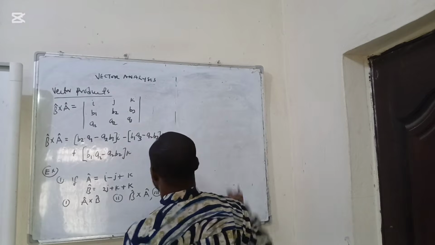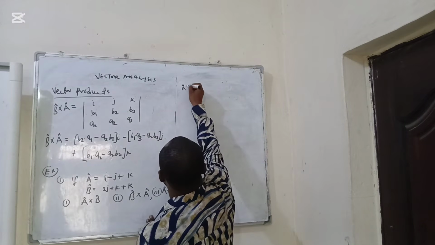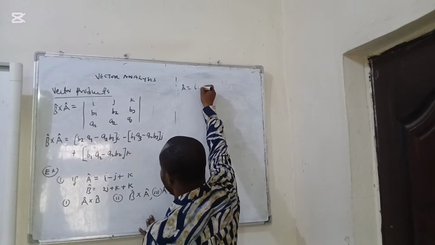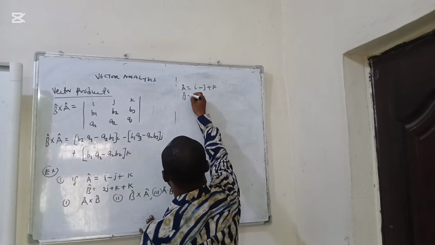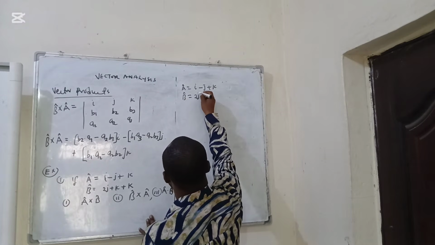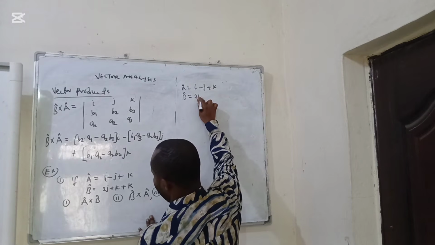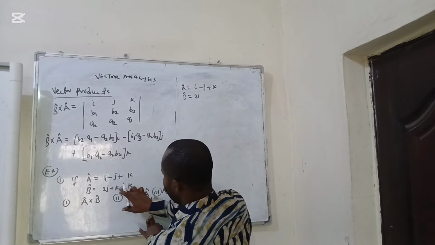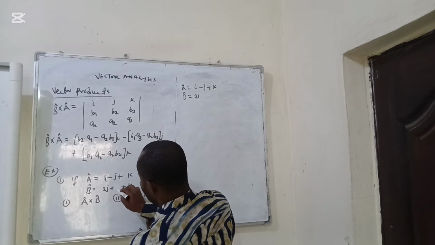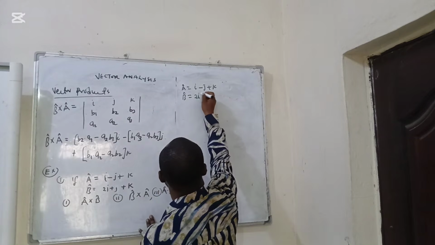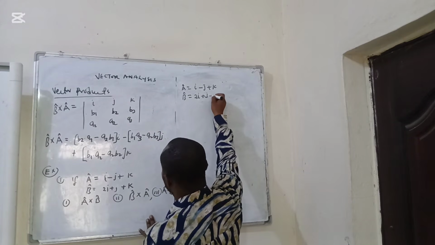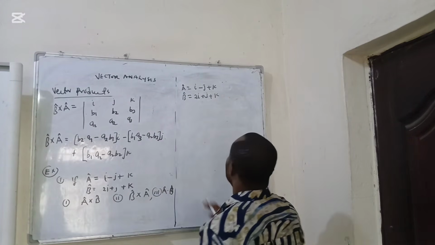So we are given that A is i minus j plus k, and also B is 2i plus j plus k.